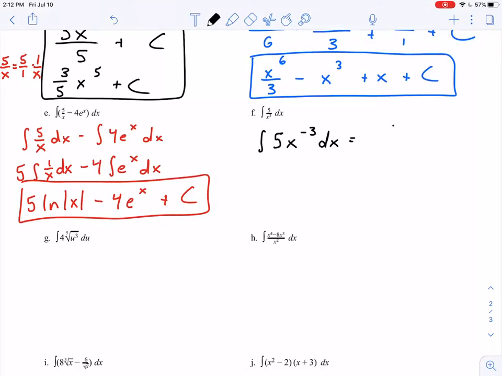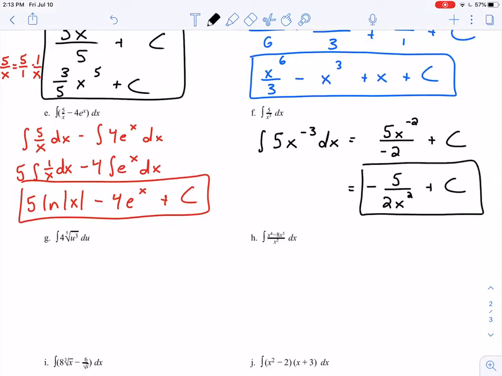I want to add 1 to my power, so I should have 5x to the negative 2 power divided by my new power of negative 2 plus c. And then, if we want to take a second to rewrite this, I don't like negative exponents. I'm going to write this as negative 5 over 2x squared plus c, and there is my antiderivative.